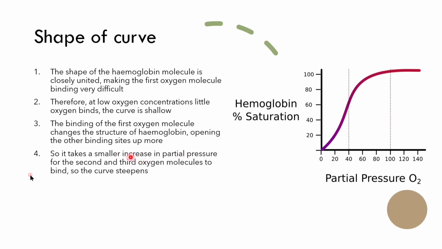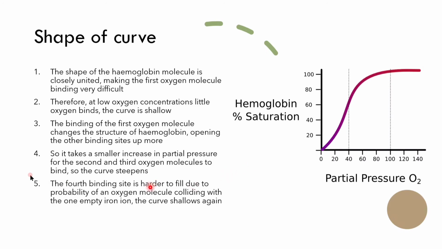And so it takes a smaller increase in partial pressure for the second and third oxygen molecules to bind, so the curve steepens. So the second and third oxygen molecules are easier to bind, so the curve is steeper, and this is because the binding sites, these ions, have been exposed more, so it's easier for them to collide and bind with oxygen molecules. And so it's a steeper part because it happens more quickly than this first one.